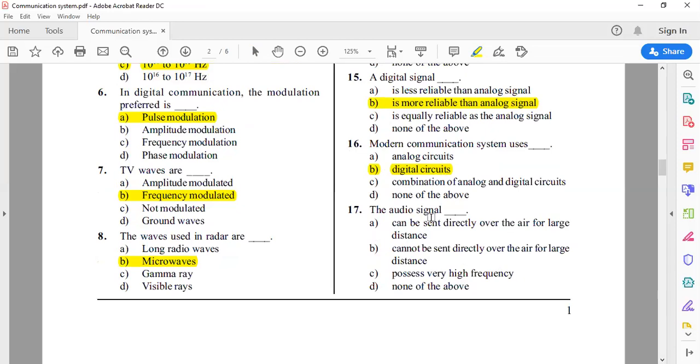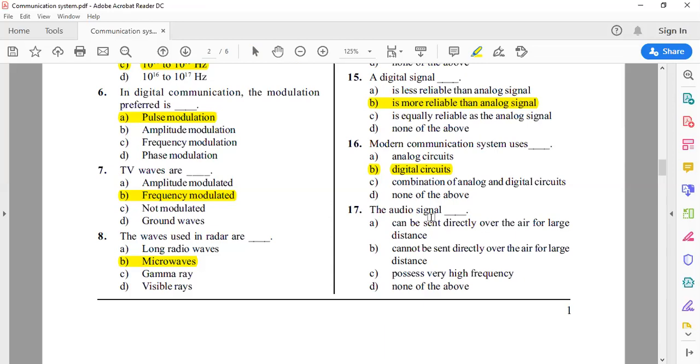Next one, question number 17. The audio signals. What is the frequency of these audio signals? The frequency is 20 hertz to 20 kilohertz, and this is the limit of human hearing.